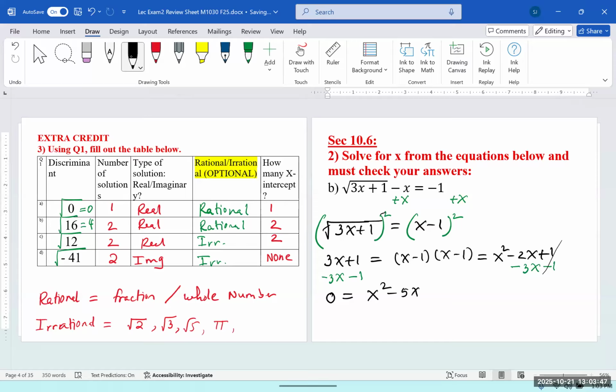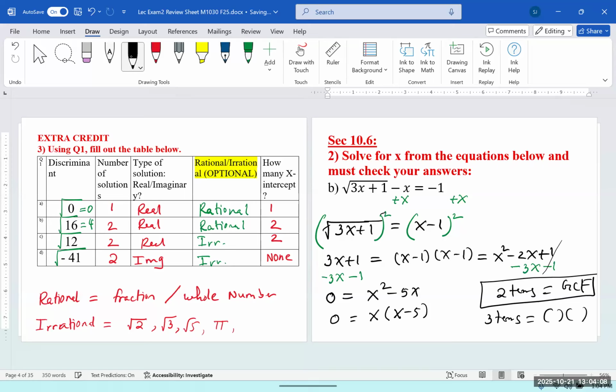How do you solve it? Factor out only x. Anytime we have two terms, we have to use GCF to factor out. Three terms means binomial factoring. We cannot binomial factor two terms.